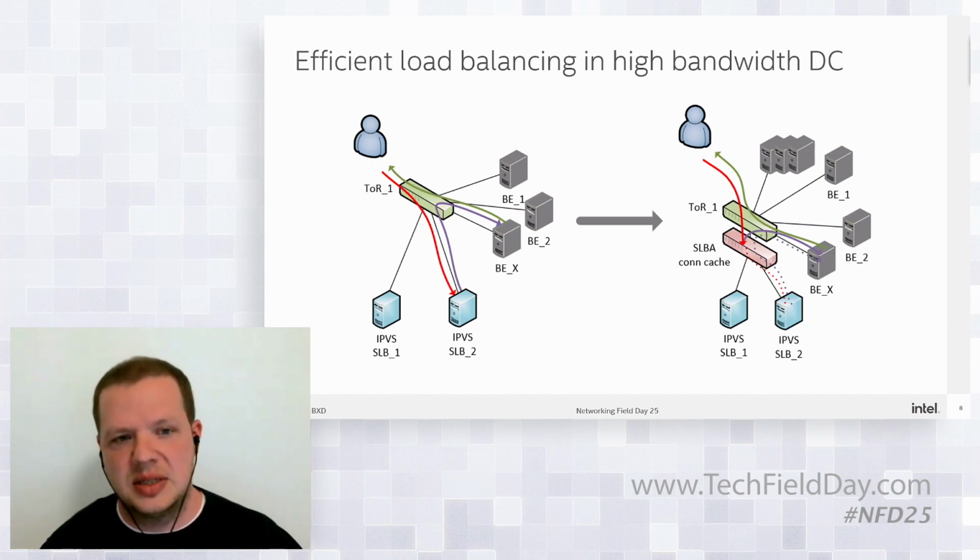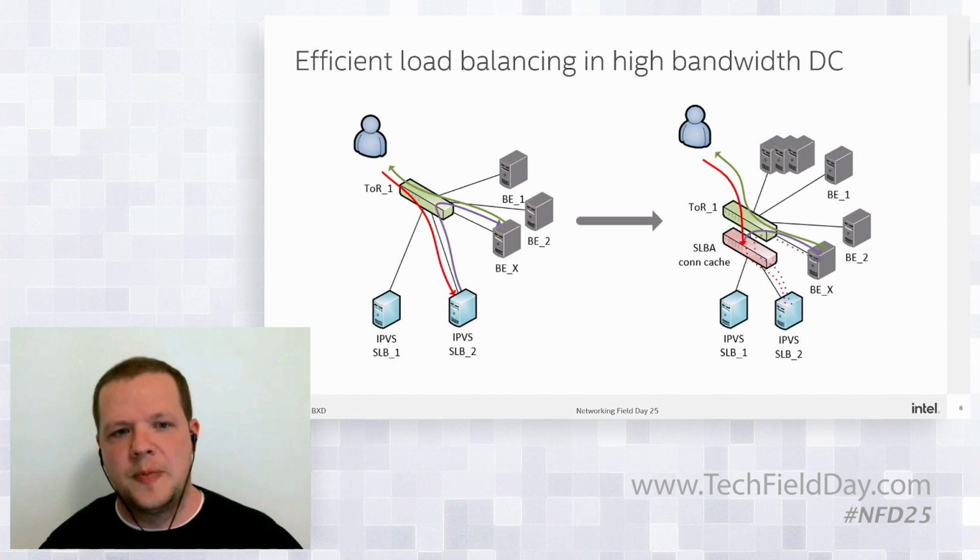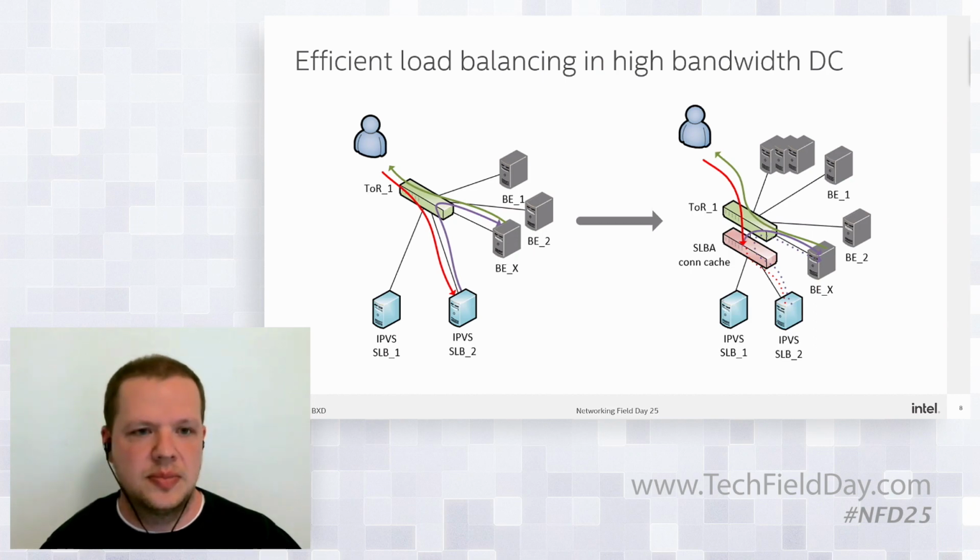And when the software makes that decision, it not only forwards the client traffic to the right backend server, but it also sends that information about this pairing to the SLBA connection cache. And this SLBA cache is then able to process all the packets of the same flow without involving the IPVS, the blue boxes at the bottom.